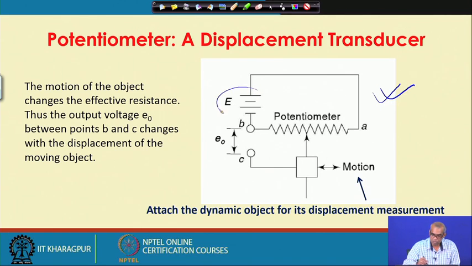So, this is the exciting voltage, and let us say the object whose displacement or motion needs to be measured is connected to this arm. So, with the motion or displacement of the moving object, this arm moves in this direction or in this direction.